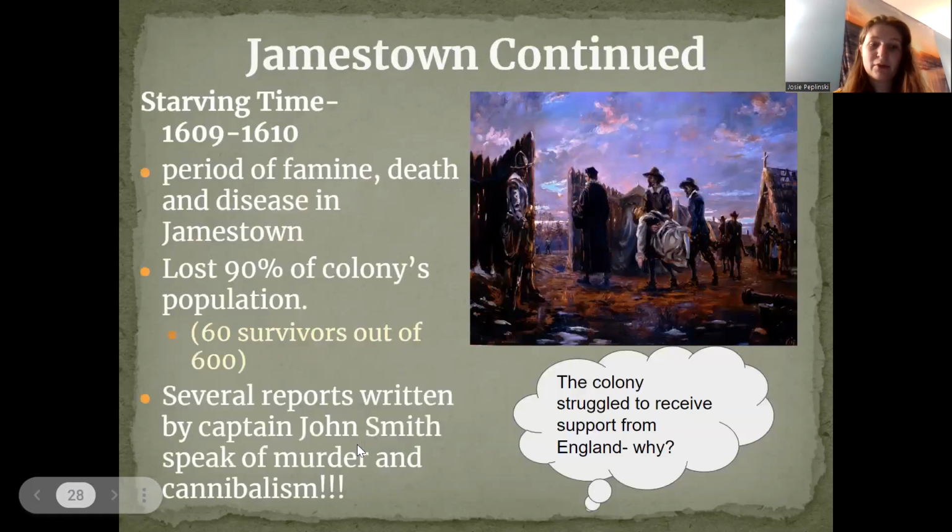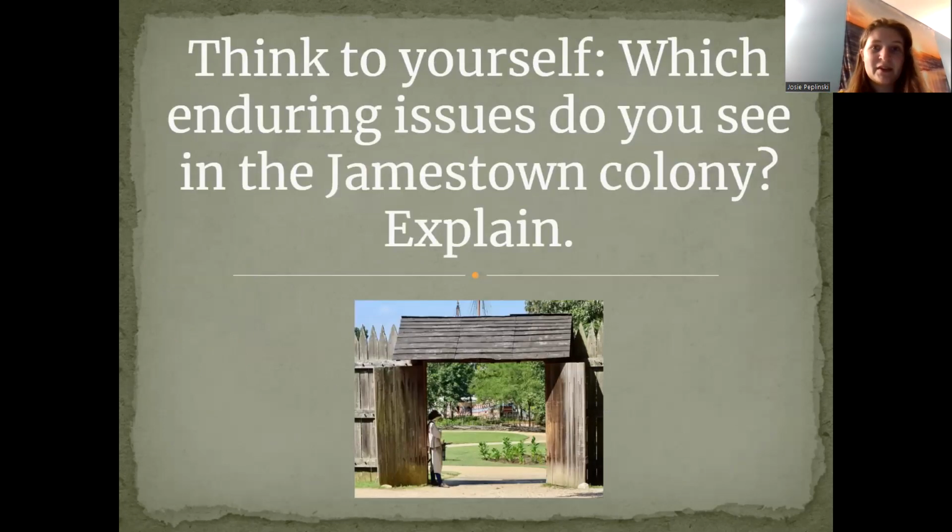Now, John Smith wrote many letters and reports about what happened during this starving time, and he even speaks of murder and cannibalism because the people were so desperate. And of course, it's taking a lot of effort to receive any support from England because of the time it takes to communicate and the time it takes to sail from the colonies to England.